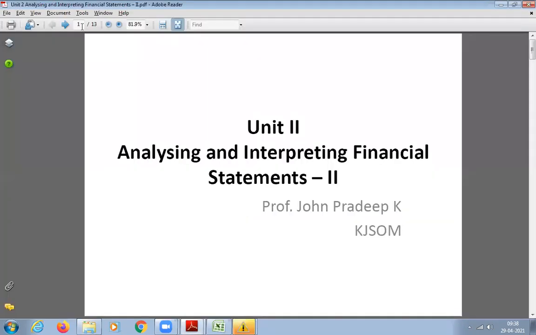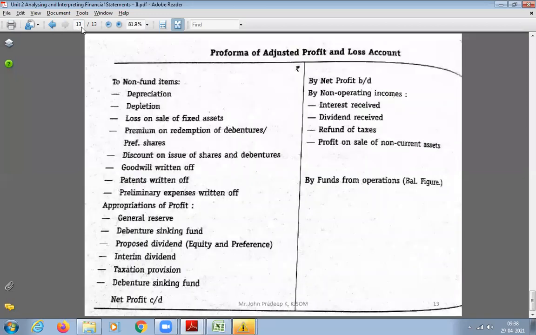If you know this format, you can easily do it. You should know what is meant by non-fund items, and what items come under appropriation of profit. If you know this, it's very, very simple.